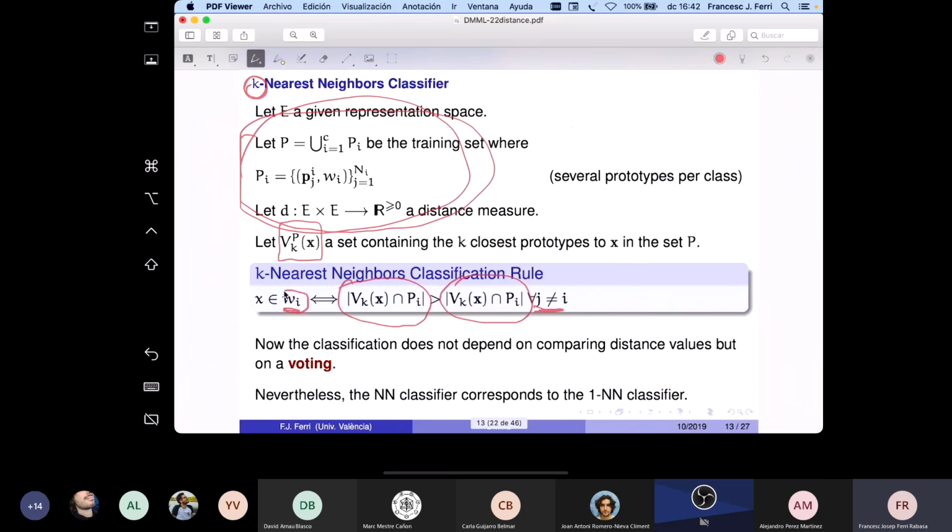And we decide the class I which is maximum. This corresponds to voting. It's okay?